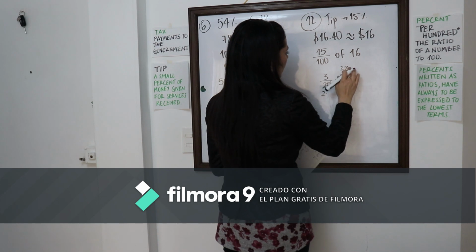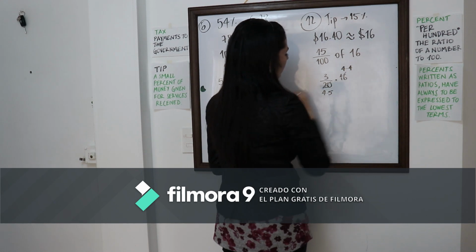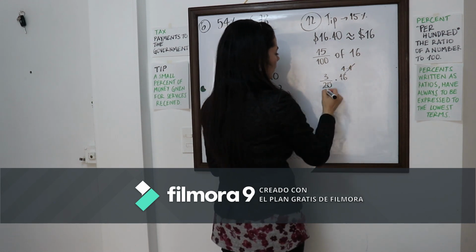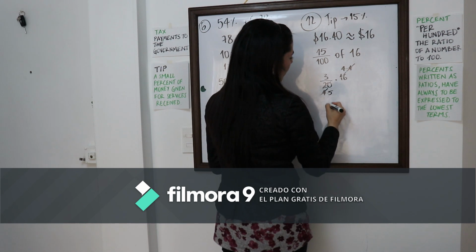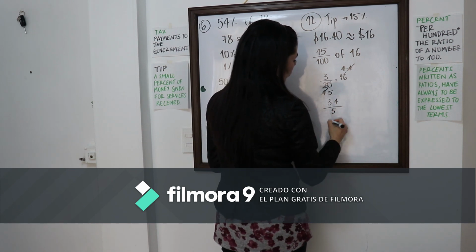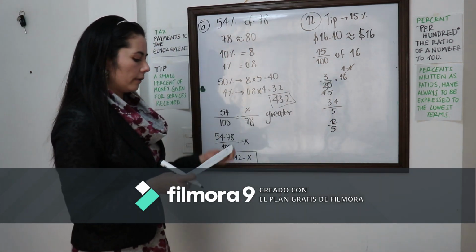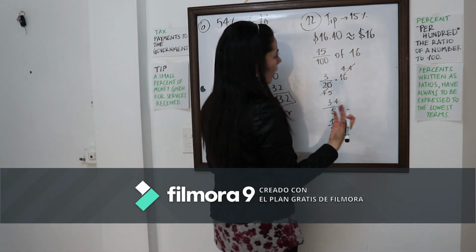You know what, I can do 4 times 5 here, and I can do 4 times 4 here. That's gonna make it easier for us. So we know we have 3 times 4 over 5, which is 12 fifths. And then that's the amount of money I would have to give.